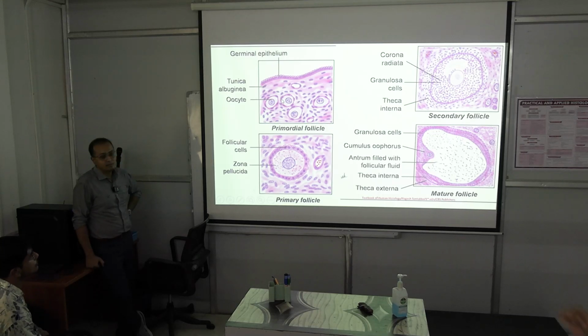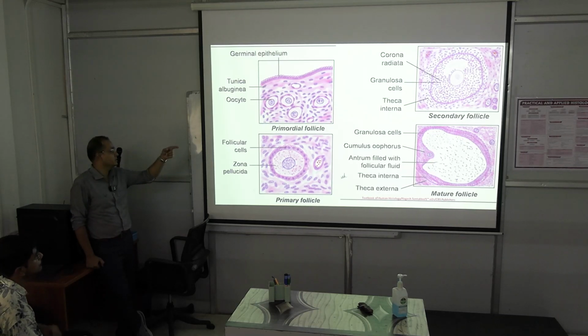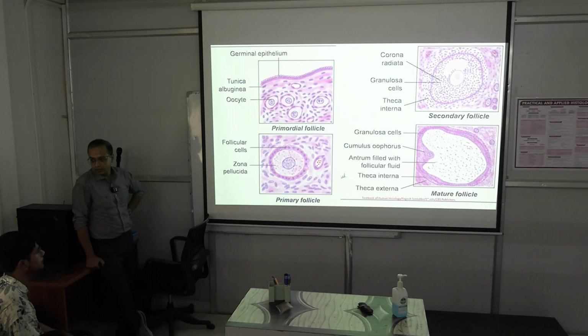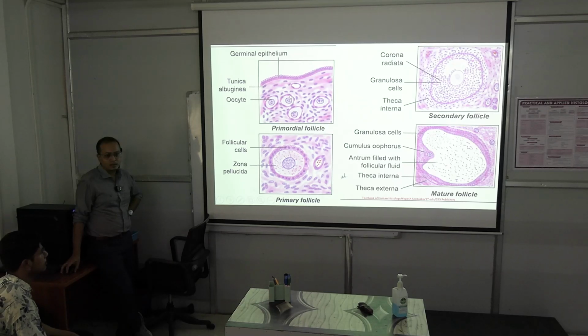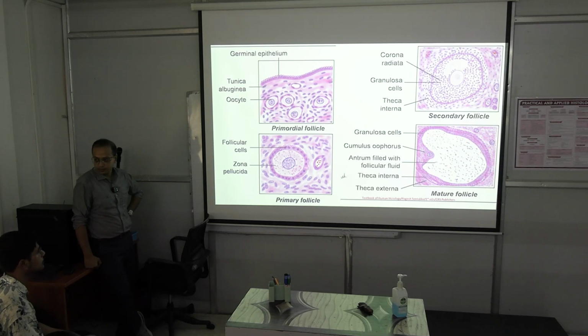These flat cells surround it, and together these two become the follicle. This follicle is the tiniest one, which we call the primordial follicle, with a tiny primary oocyte surrounded by cells we call follicular cells.